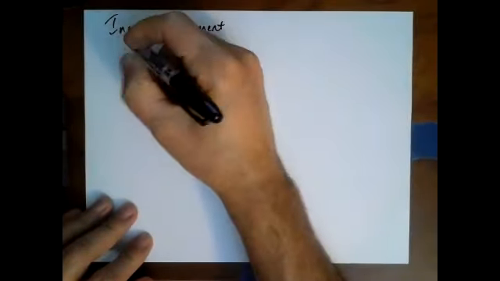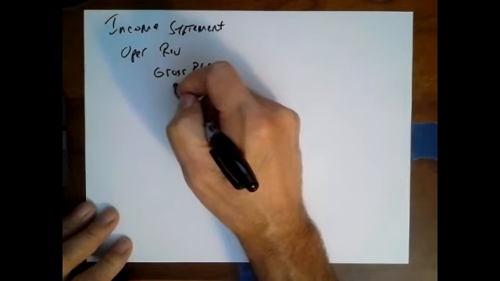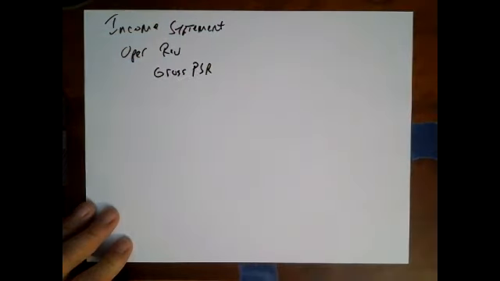Then you'll have deductions for contractual allowances, bad debt, allowance for bad debt. You add all that together, you get your net patient service revenue, NPSR.